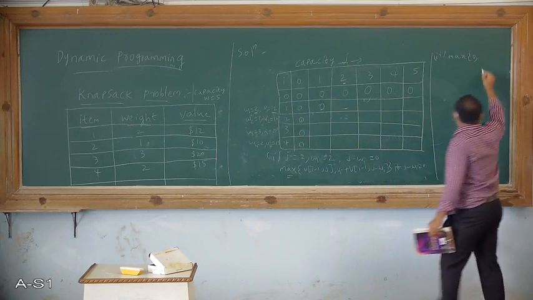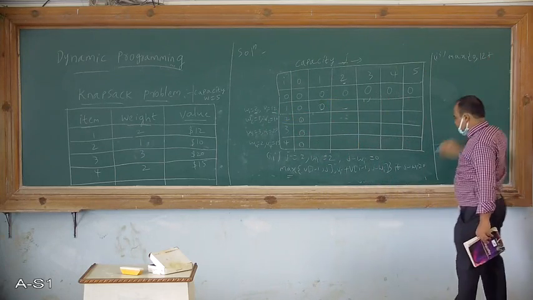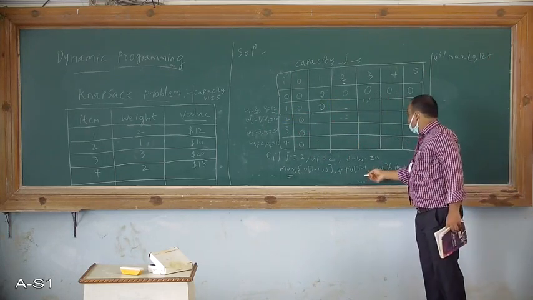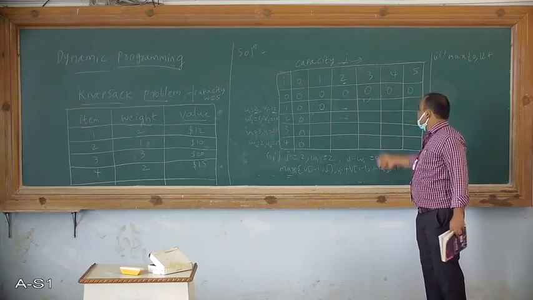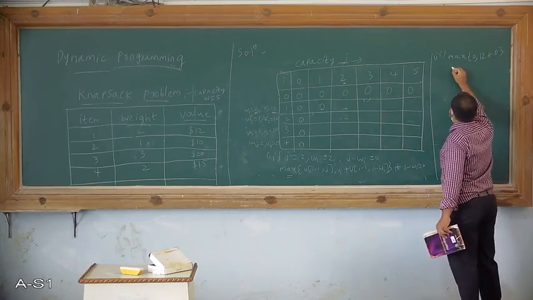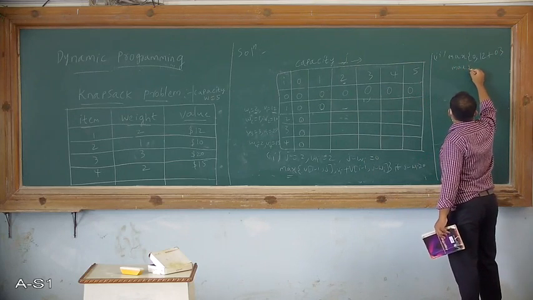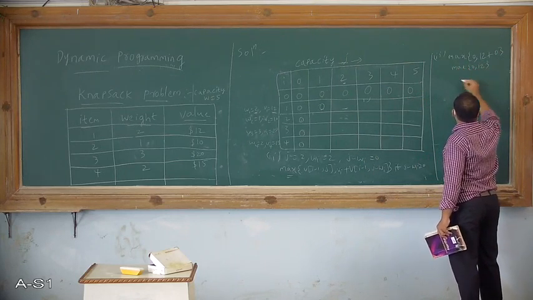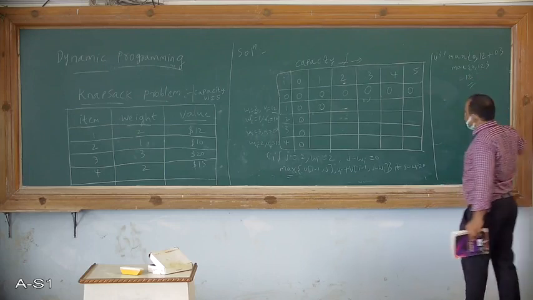So I'll write 12 plus V of I minus 1 means V of 0, j minus w is 0. So 0. So max of 0 comma 12 gives 12.